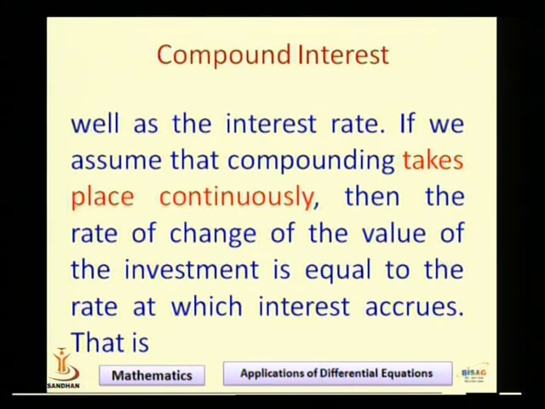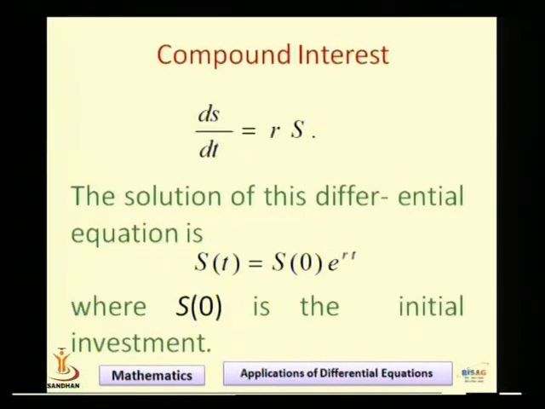Then the rate of change of the value of the investment is equal to the rate at which the interest increases. So, I can write it as a differential equation: dS/dt = rS. Now this is also a variable separable equation, and you can solve it.